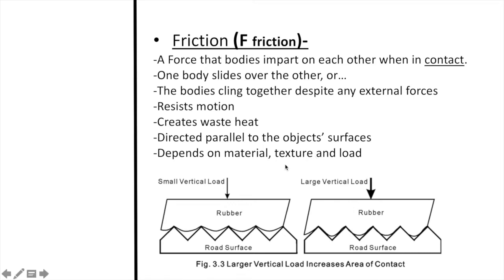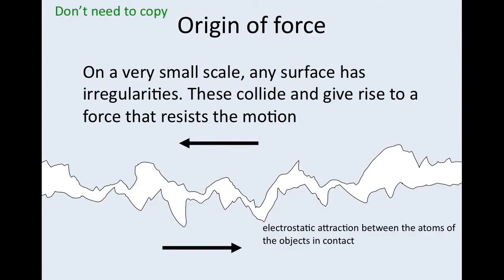And then with texture, if something is smoother, it will have a lower level of friction, versus if it was rougher, then it would have a higher level of friction. Every surface has irregularities: jagged peaks, troughs and dips. When two objects collide and scrape over each other, they give rise to a force that resists the motion.